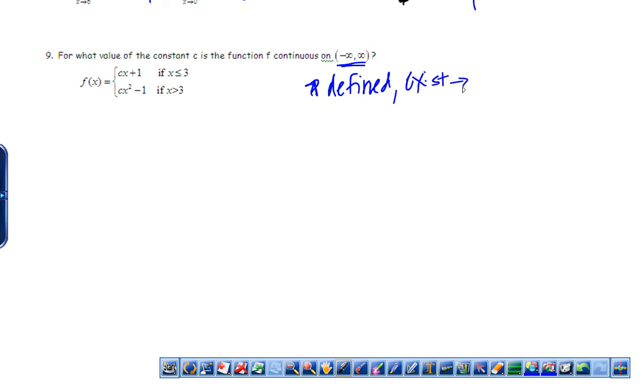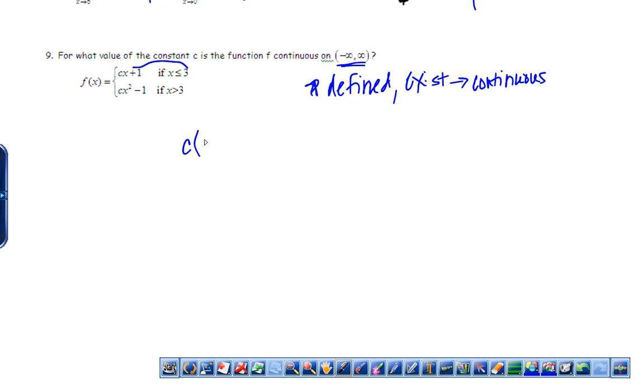And in order for it to exist, it needs to be continuous. Okay, in order for it to be continuous, what we can do with these right here, we can take this piecewise function and figure out basically what my number is when x is 3.